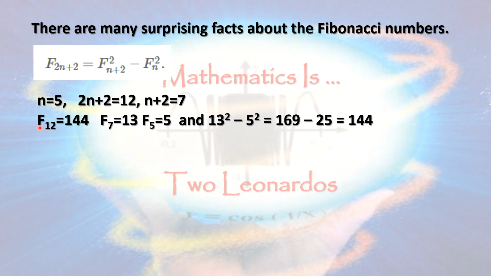And that means the 12th Fibonacci number, which is 144. On the right, we have F sub 7, 5 plus 2. The 7th Fibonacci number is 13. The 5th Fibonacci number is 5. So the right-hand side is 13 squared minus 5 squared. That's 169 minus 25. And that's 144. Exactly F sub 12. Pretty amazing.